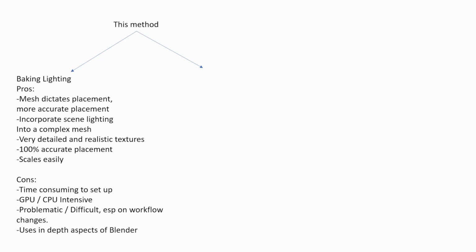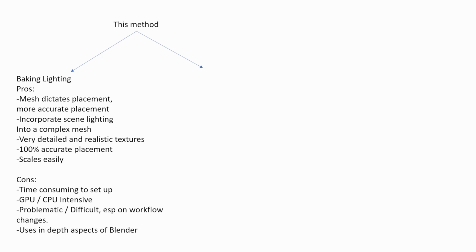So the cons of baking lighting into your texture are that it's somewhat time consuming to set up, but I'll show you guys. And it is going to be GPU and CPU intensive. It's also somewhat problematic. Almost every time I've set it up, I've had some sort of issue that I've had to go in and fix.